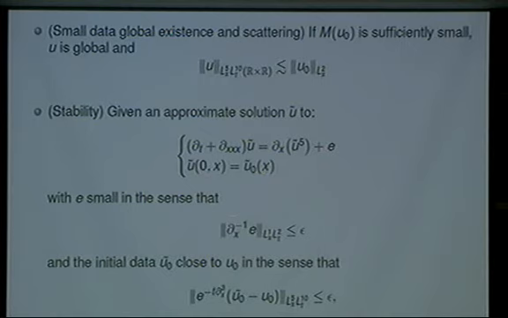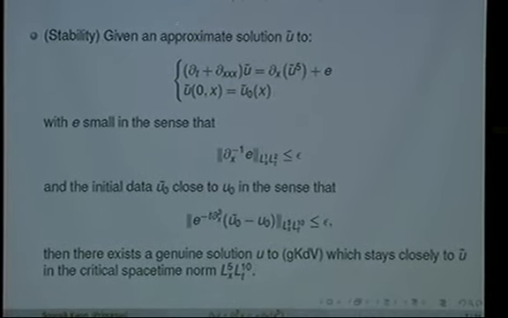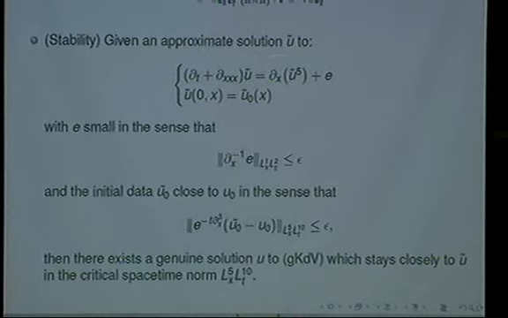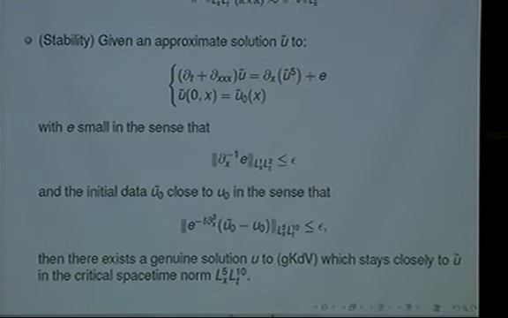If e is small in the sense that its negative derivative in the dual norm is small, and the initial data is close to the original initial data, and the assumption is that there is an approximate solution to such an approximate problem with the approximated initial data, then by a similar argument we have a genuine solution to the gKdV, and the genuine solution is close to the approximate solution.